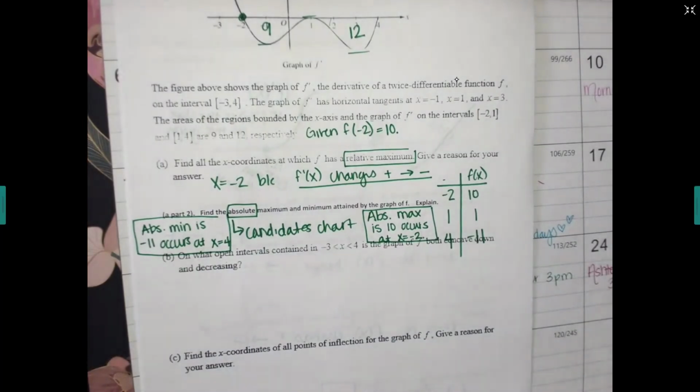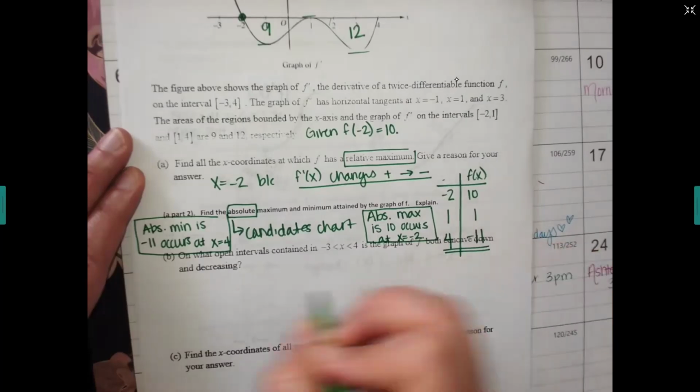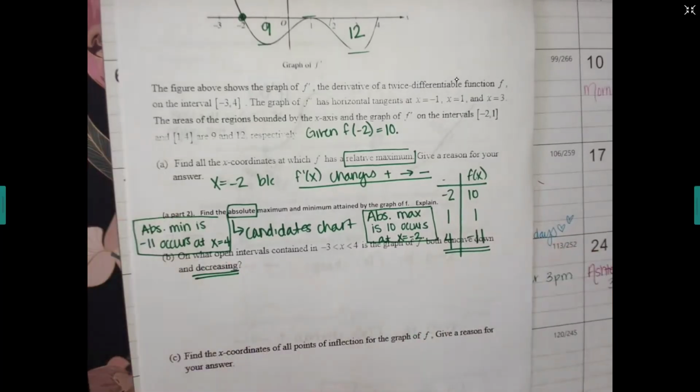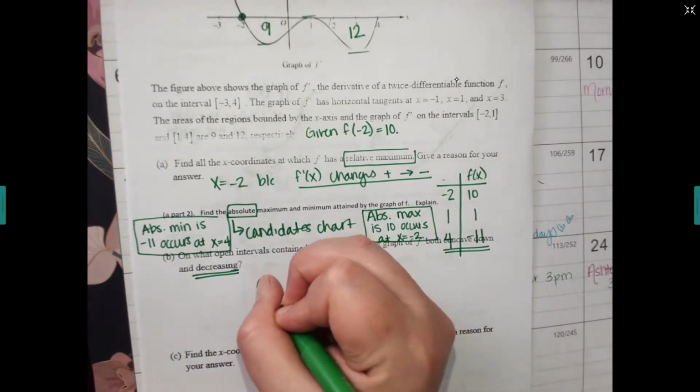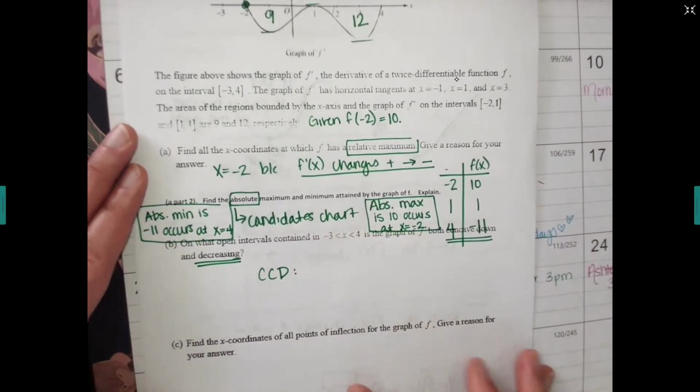Okay, next question says, on what interval from -3 to 4 is the graph of f concave down and decreasing? So if I want it to be concave down and decreasing, they're giving me specific signs for f prime and f double prime. For concave down, what do they want? F, f prime, or f double prime?